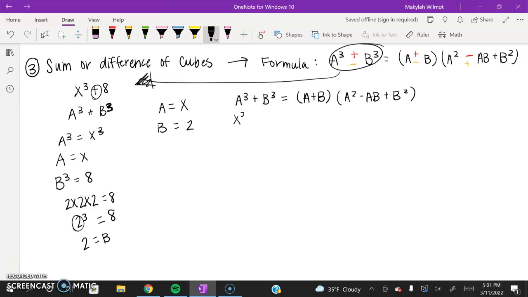So x cubed plus 2 cubed equals x plus 2, x squared minus 2x plus 2 squared. And so you can simplify that and say 4, and there's your answer. Like, that's what it is.